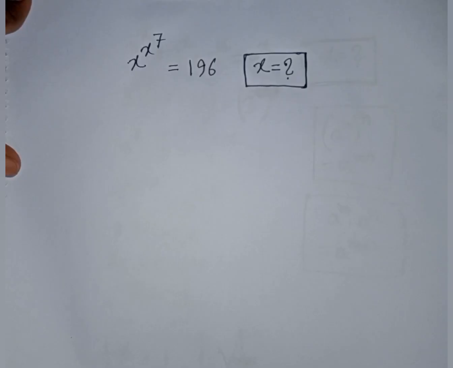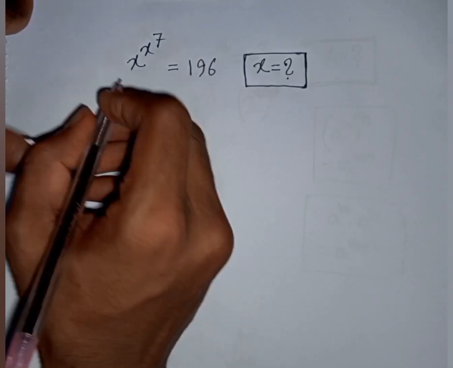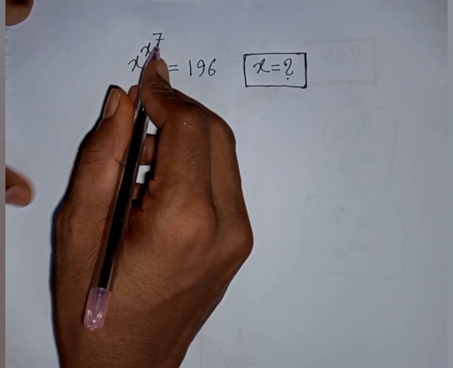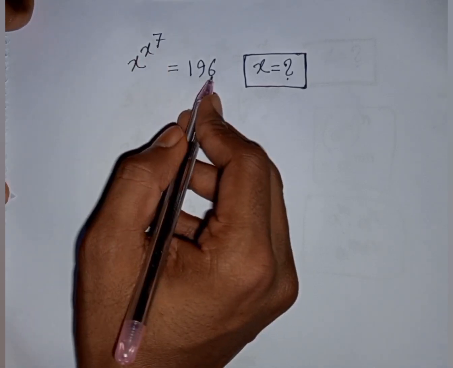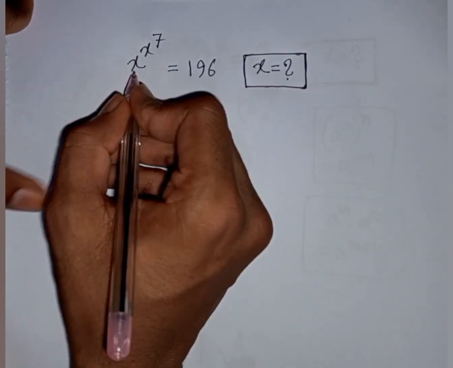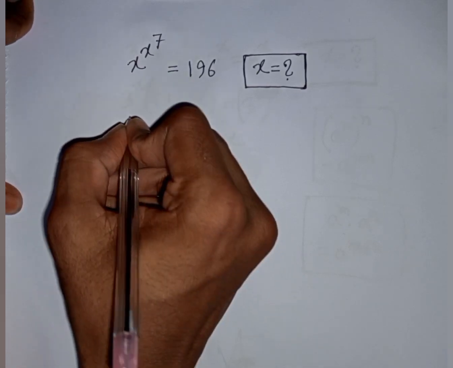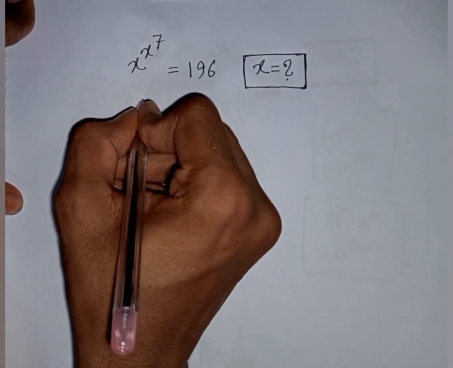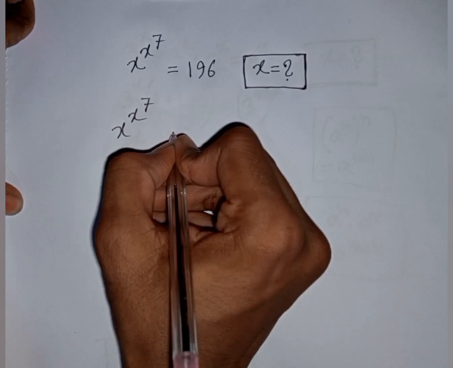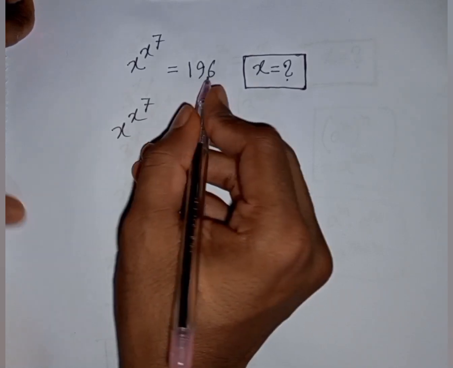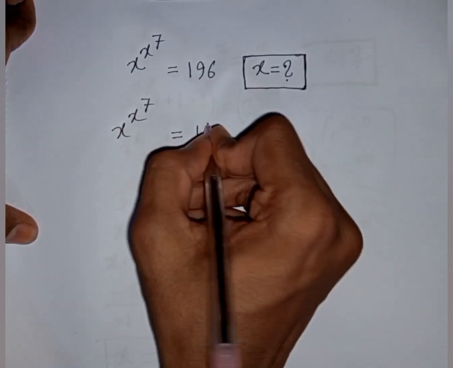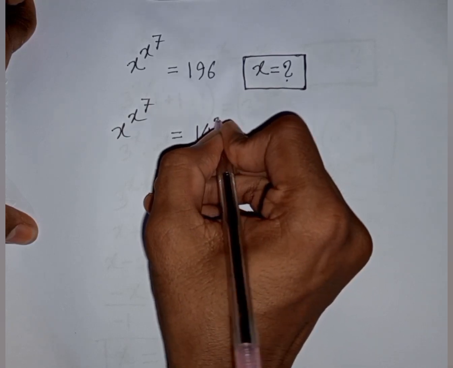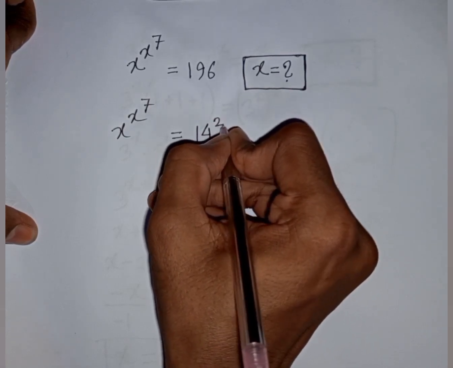So this is how to solve it. Next question: x^7 is equal to 196. Find the value of x. So we have x^7 is equal to 196, which can be written as 14 squared.